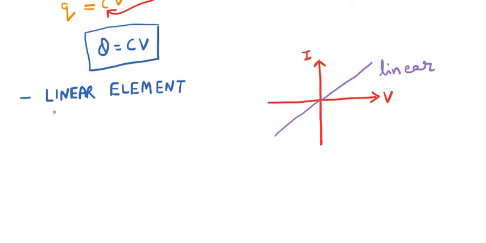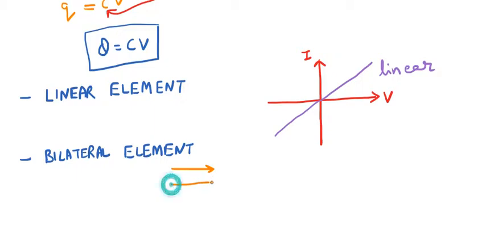Capacitor is also a bilateral element, which means current flows in either direction of the capacitor irrespective of the polarity of the voltage.